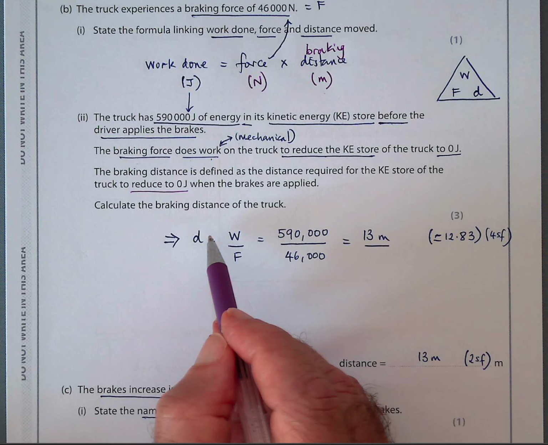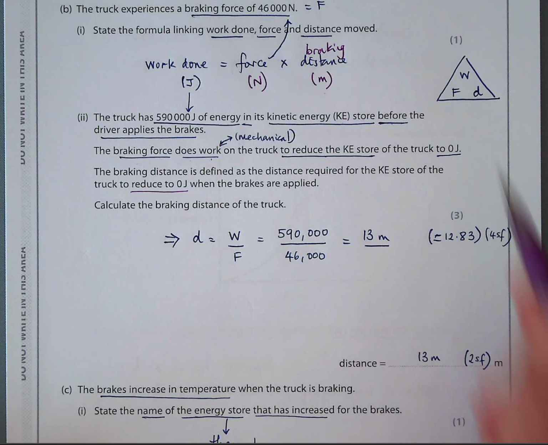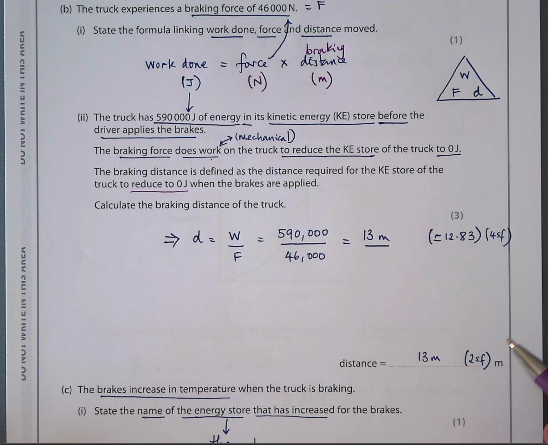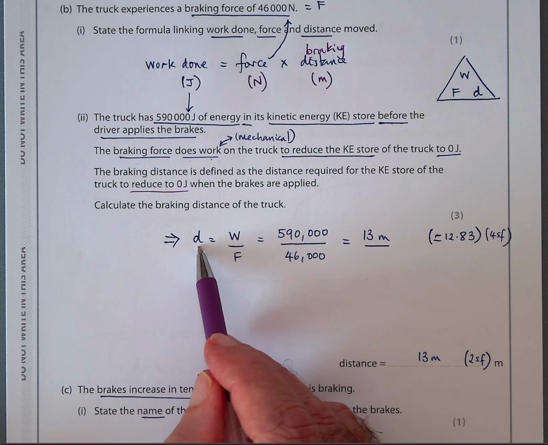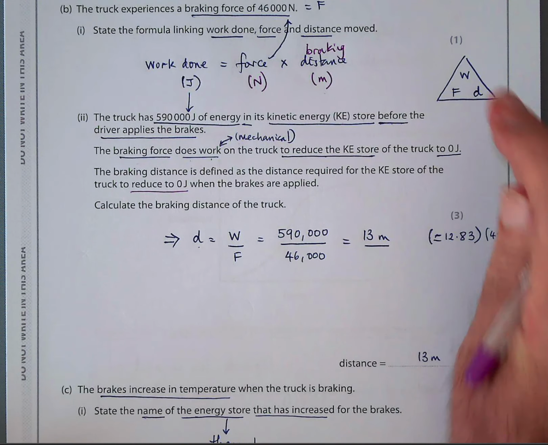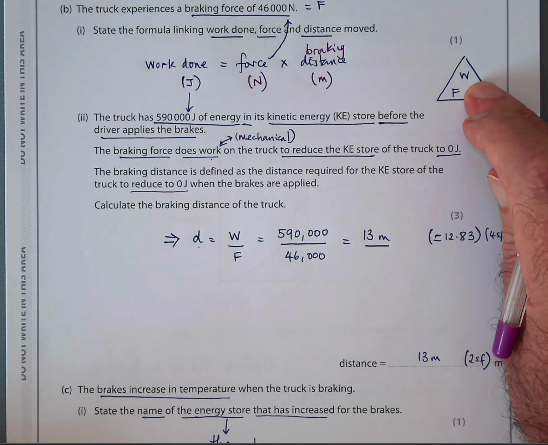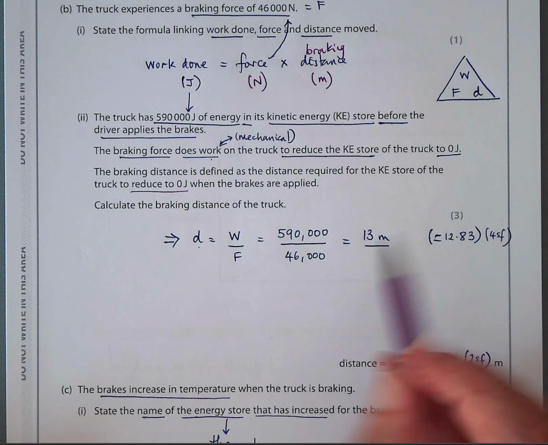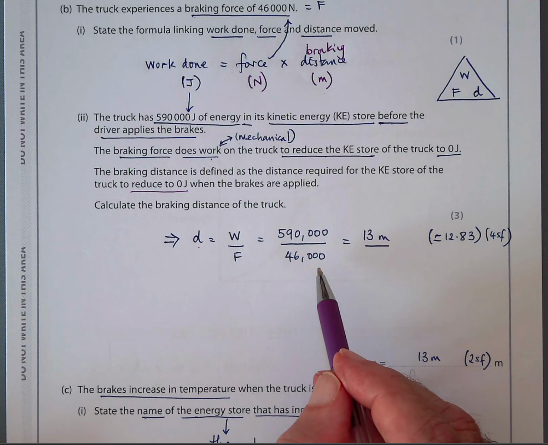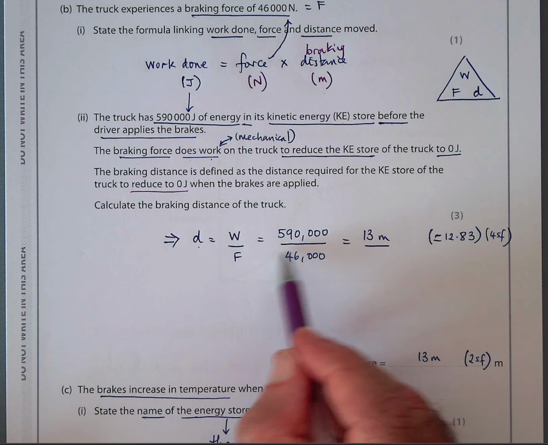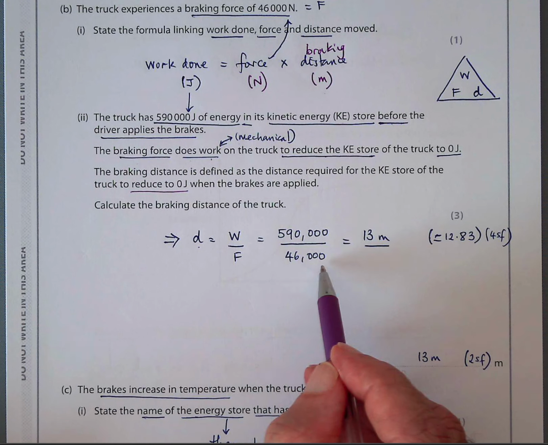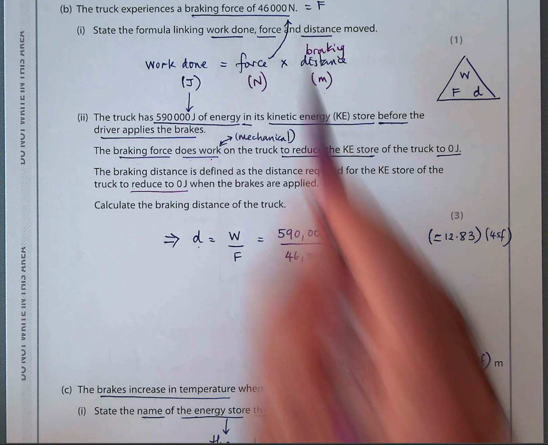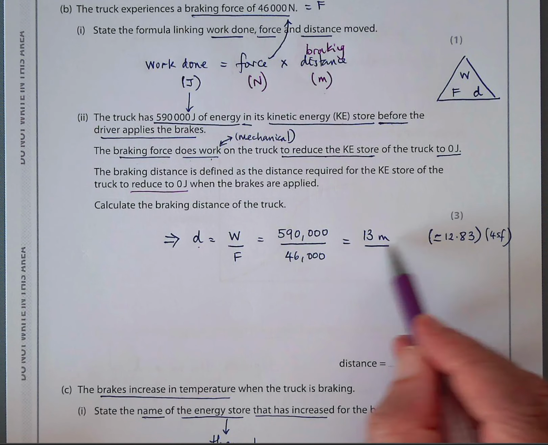Calculate the braking distance. So I put it in a triangle up there for you, just so you can understand. So the braking distance is this, because you want the distance. So it's work, which is 590,000, divided by the force, which was 46,000 newtons. Divide it and you'll get approximately 13.